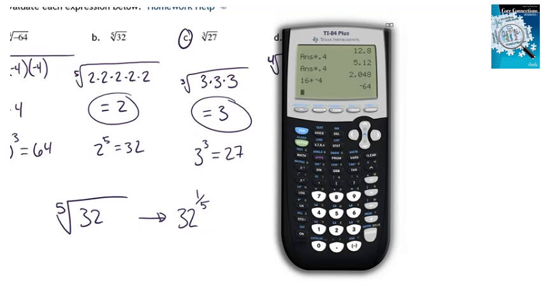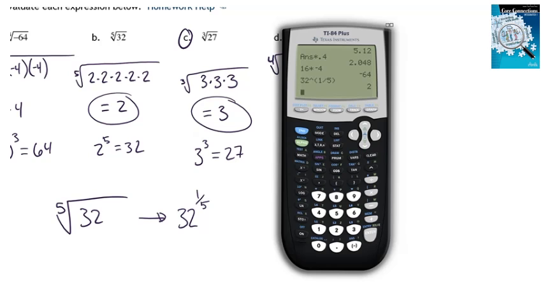Now on my calculator, I can evaluate, I think, both of those. I think this calculator will do nth roots, but it's easier to do fractional exponents. So if I take 32 and raise that to the power of, and I'll use parentheses here, 1 divided by 5, notice that I get the number 2, right?